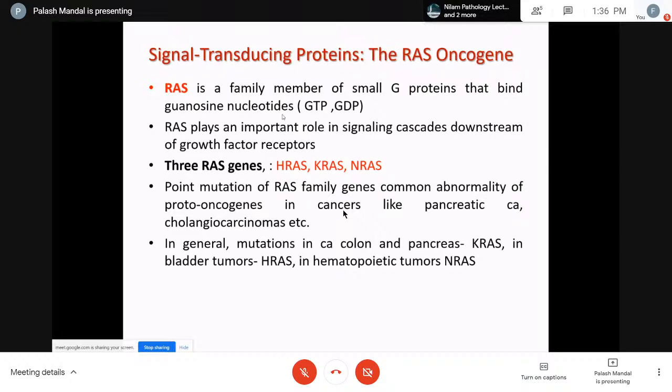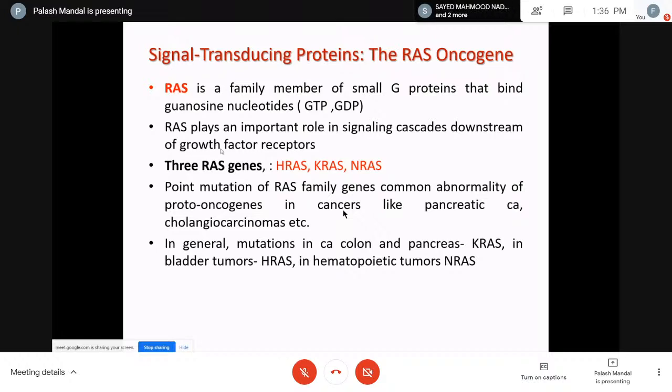There are three RAS genes which have been noted in humans. One is the HRAS, another one is the KRAS, third one is the NRAS. Each of these RAS genes has been found to be associated with various types of malignancies.